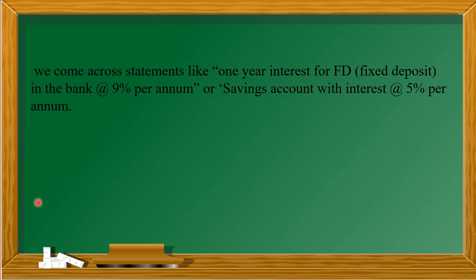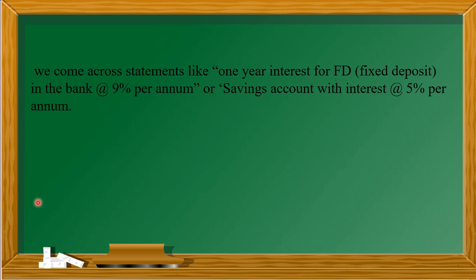In daily life we hear statements like these: interest for a 1-year FD in the bank is given at the rate of 9% per annum, or a savings account has interest of 5% per annum, and home loan interest is 10%.